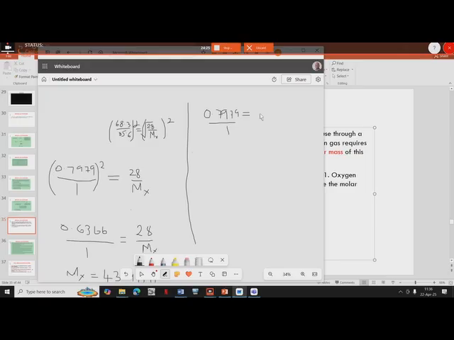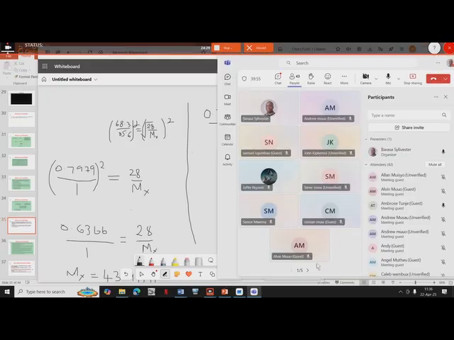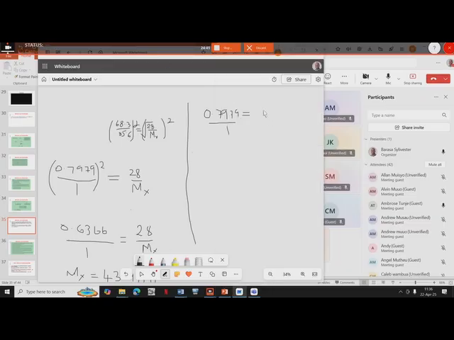The square root of 28 is what? You don't have calculators. So that is 5.29.